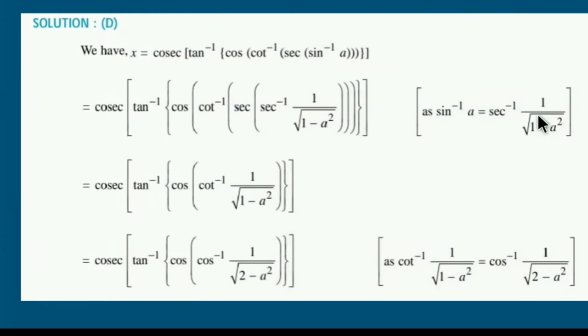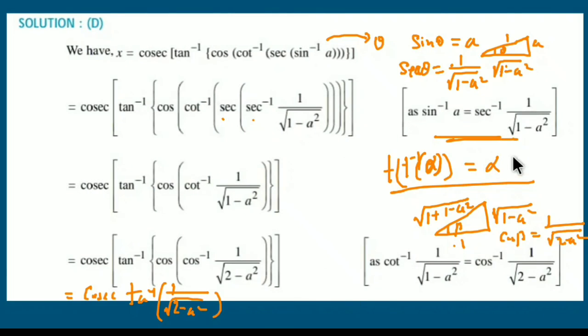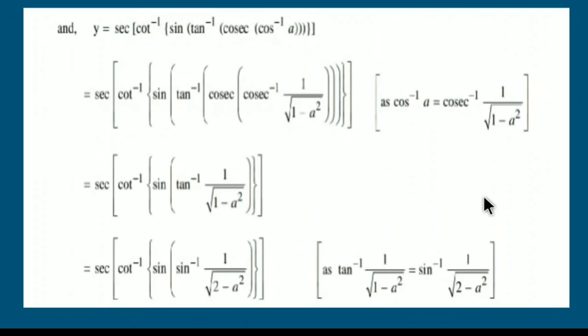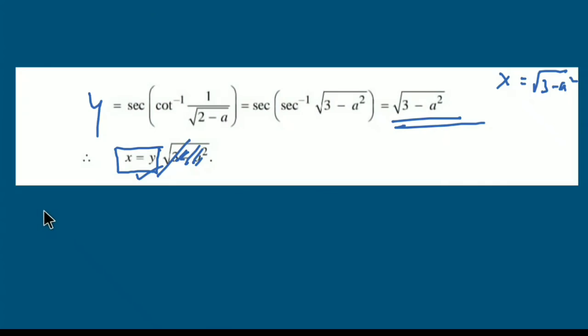So first of all we have evaluated x by using triangles and making the angles over there, and then after evaluating x, y is also the same, under root 3 minus a square. Next, check another problem.